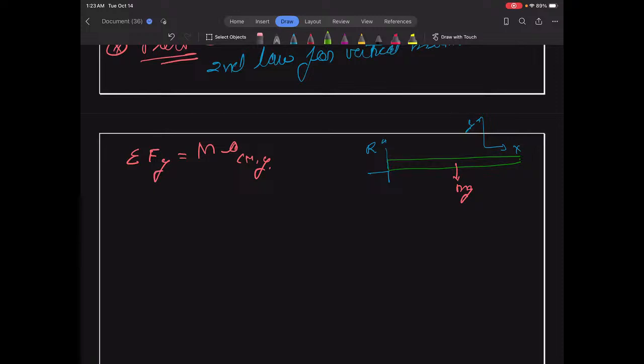So forces will be equal to our net force in y direction.